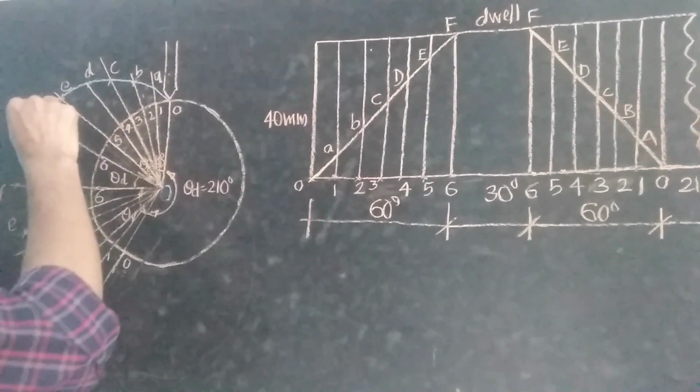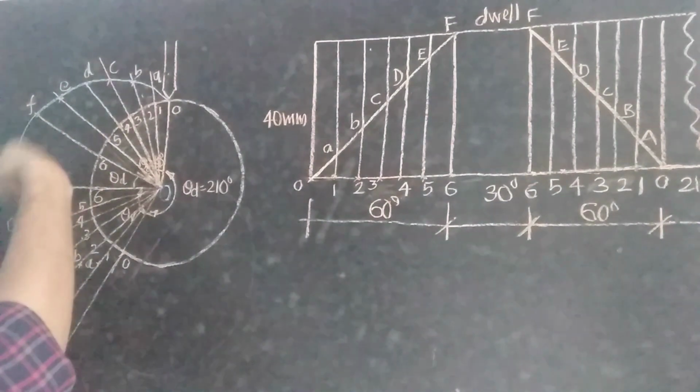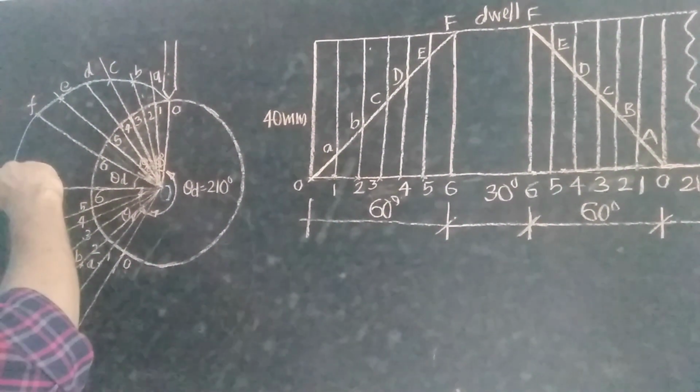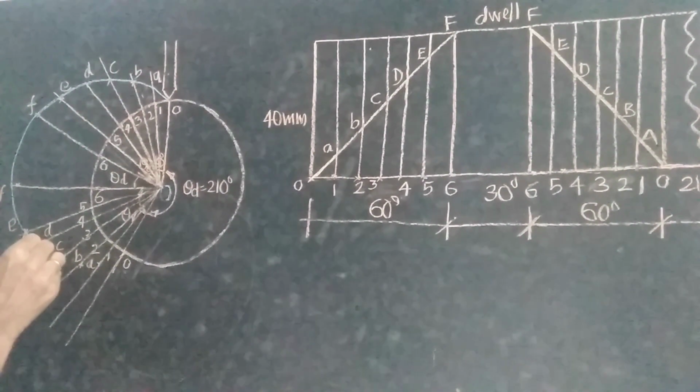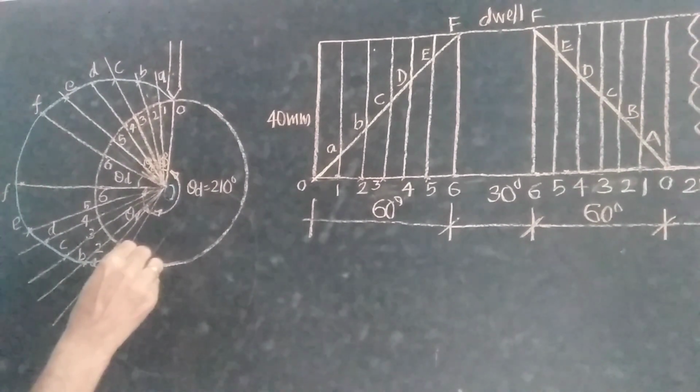We can connect this by using a curve like this. Then again a free curve through E, D, C, B, A, then finally O.